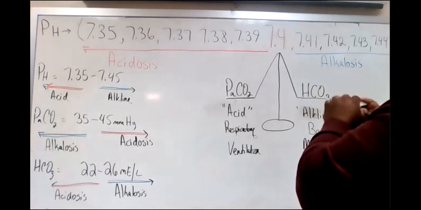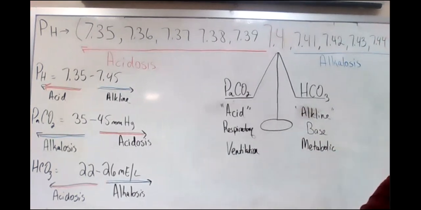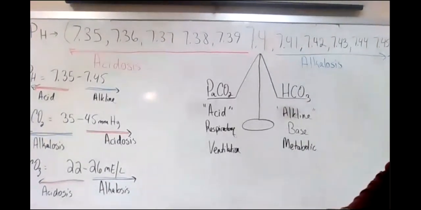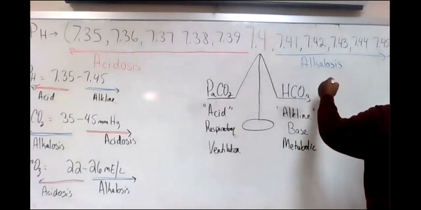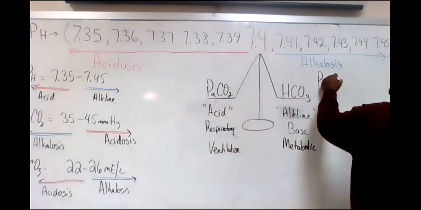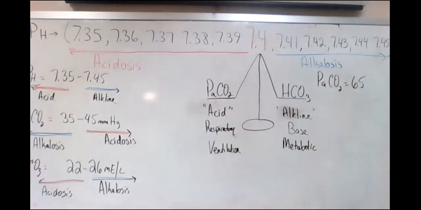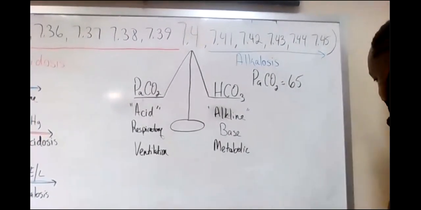Now, first, let's do a couple of preliminary ones to make sure everybody understands these values. So, for instance, knowing what you know, if I have a PaCO2 of 65, what is that? Acidosis. Good.